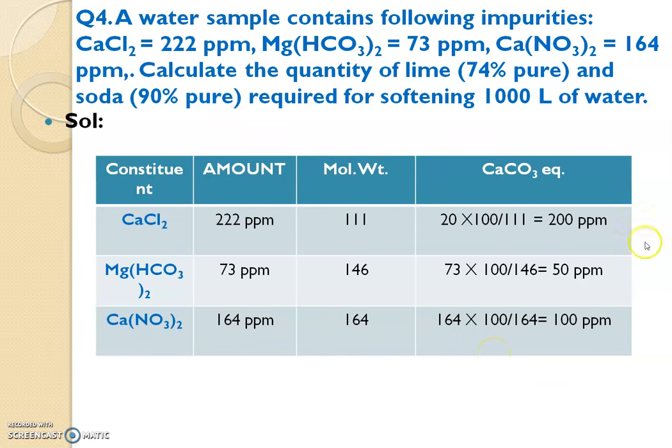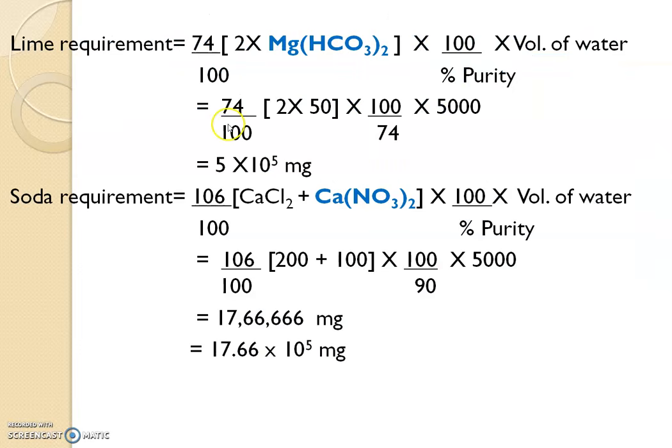When we put this calcium carbonate equivalent of the salt into the soda requirement and the lime requirement, as we know, for the magnesium ion we have to multiply by 2.